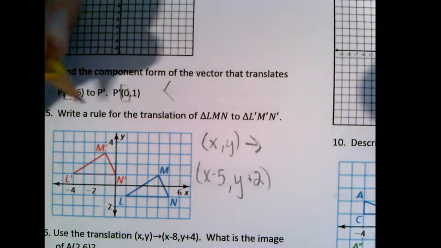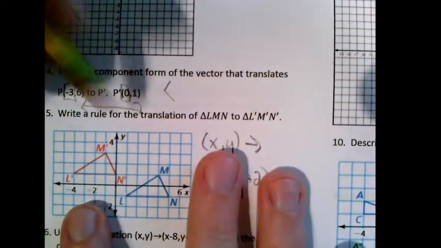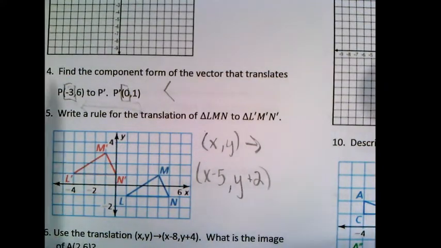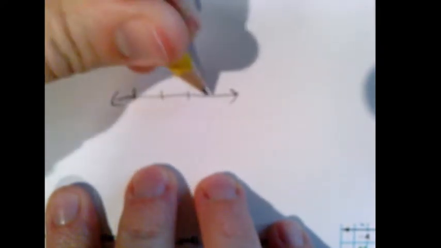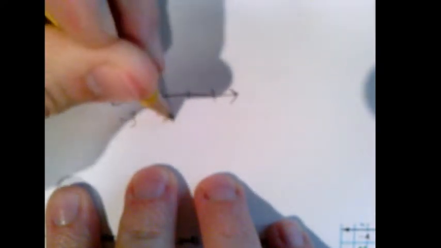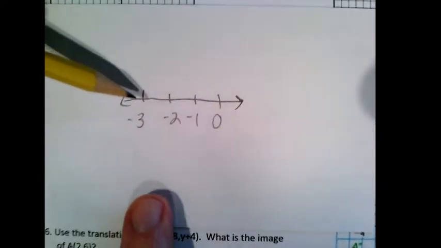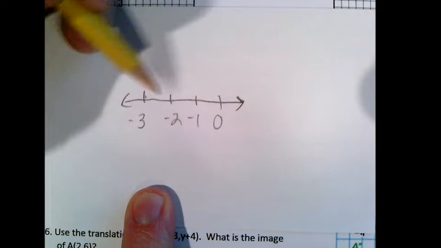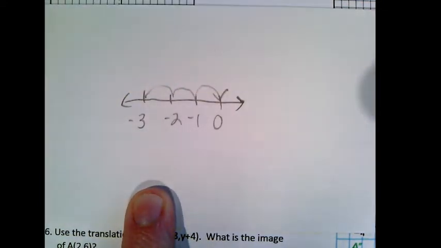So I'll kind of show you on a number line. Going positive, but on a number line, I'm going from negative 3 to 0, so I'm going 1, 2, 3 spaces in the positive.